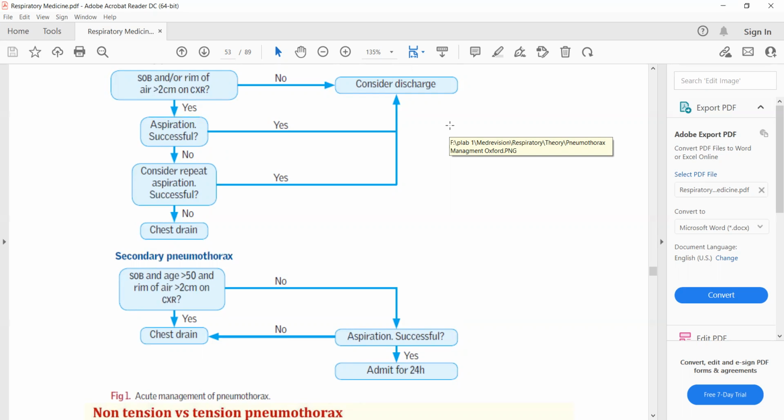If it's less than 2 centimeter, then we'll do needle aspiration. And if needle aspiration is successful, then we will admit the patient to observe the patient. Okay, so if needle aspiration successful, we'll admit. But with chest drain? With chest drain is definitely admission. That is for chest drain, we definitely need to admit the patient. Okay, okay.